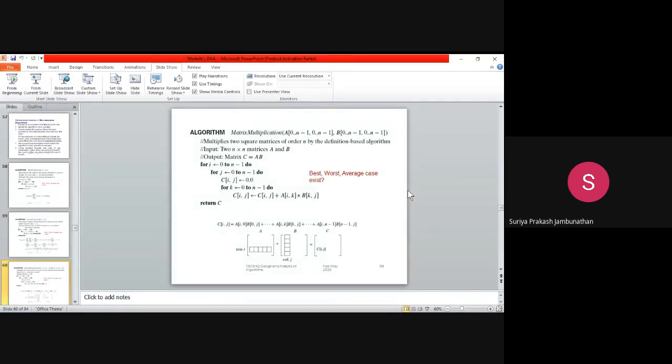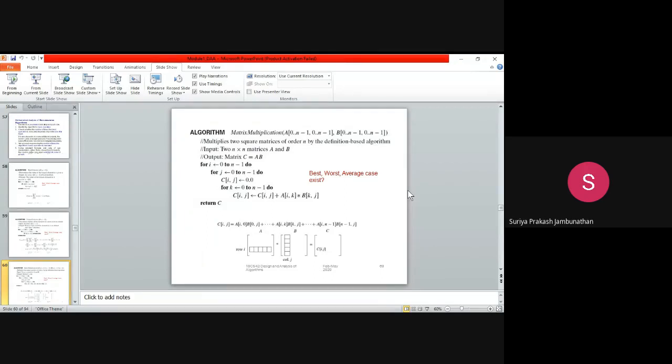While you are making your matrix multiplication, we need 3 for loops. Why do we need 3 for loops? I will tell you the formula for matrix multiplication. The formula is C of ij is equal to C of ij plus A of ik into B of kj. Keep in mind, C is the resultant matrix.